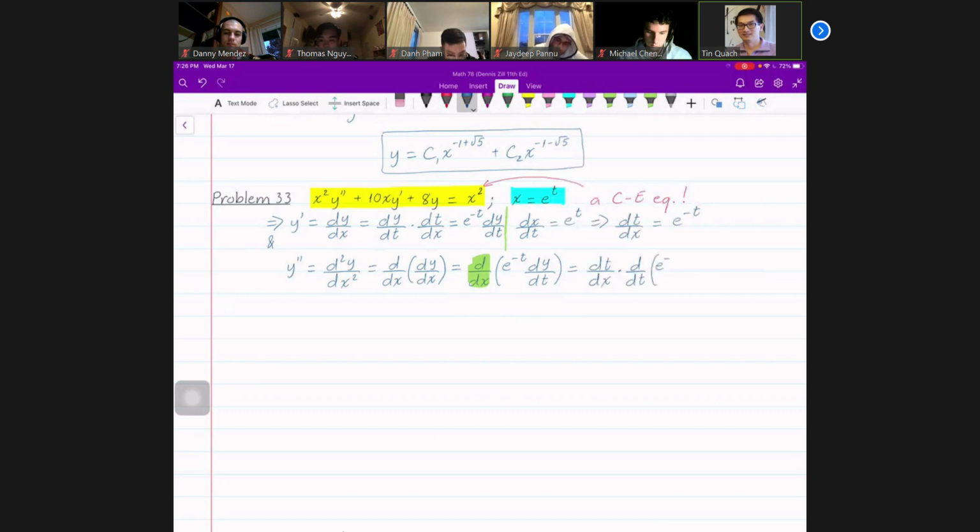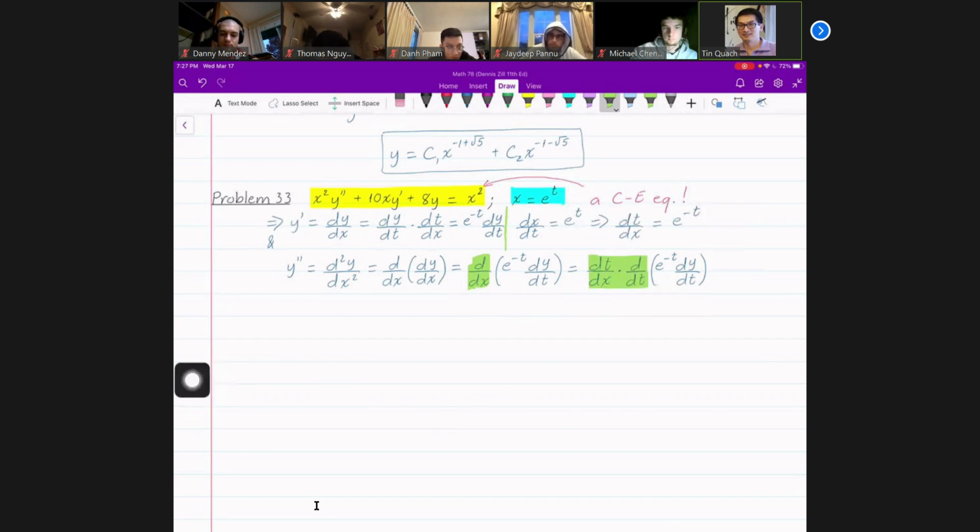See, so you have this. So that's what you have. Okay. So here you know what dt dx is. dt dx is e to negative t. And here you have the derivative of a product.